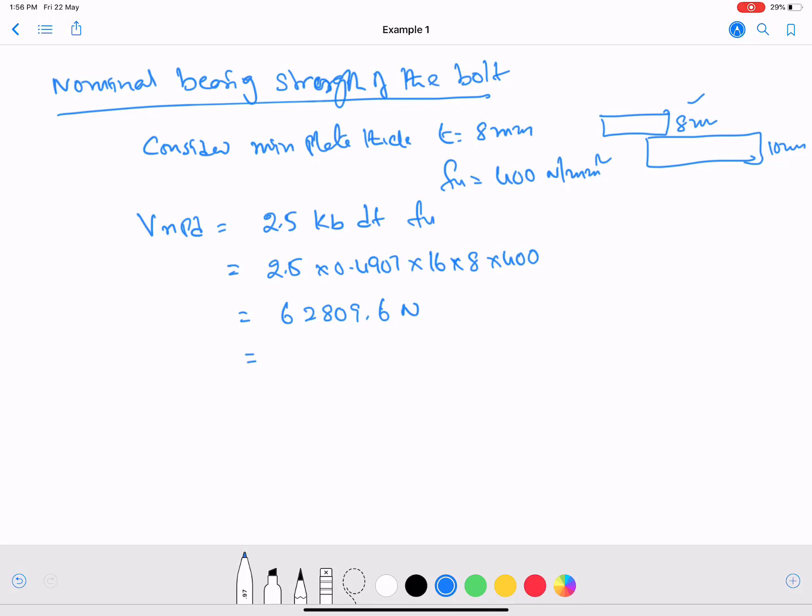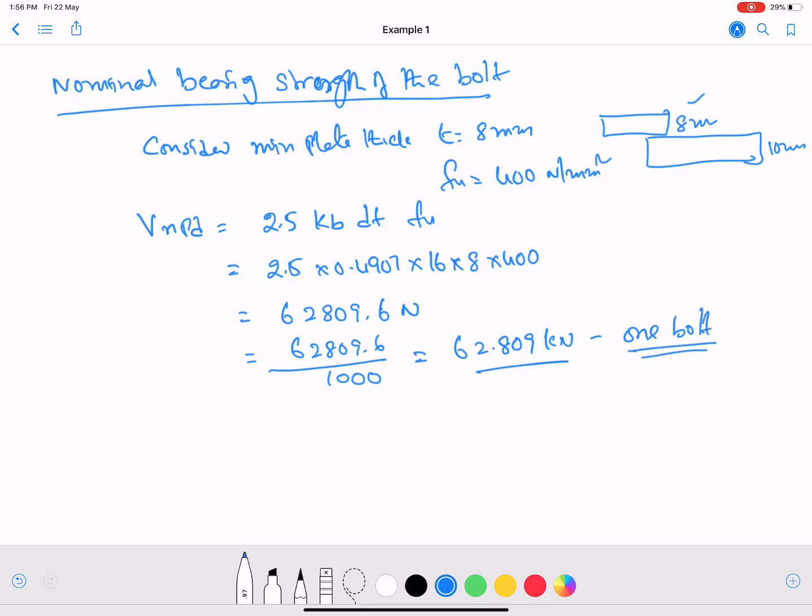We can convert it into kilonewtons by dividing by 1000, which is equal to 62.809 kilonewton. This is the capacity of one bolt.